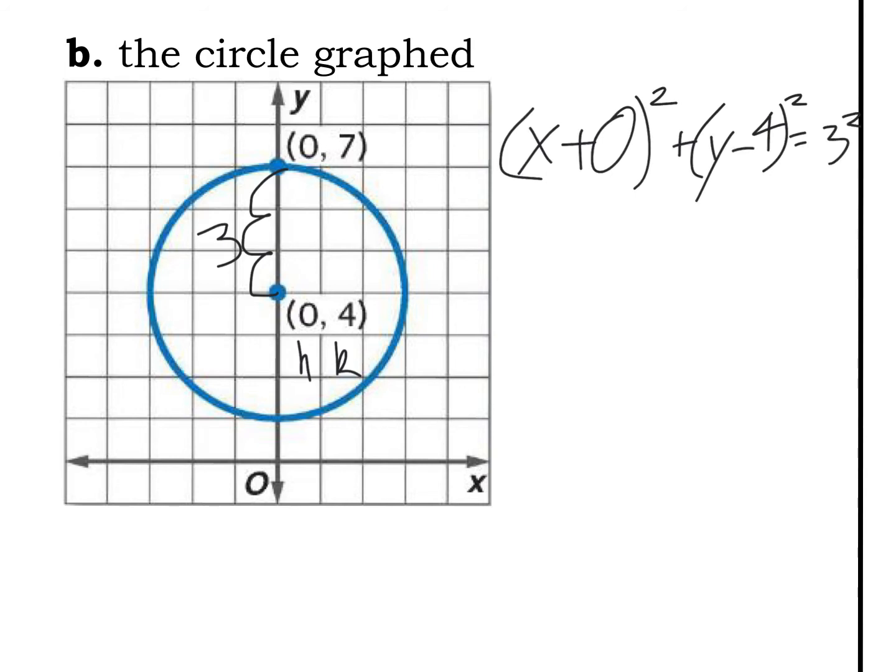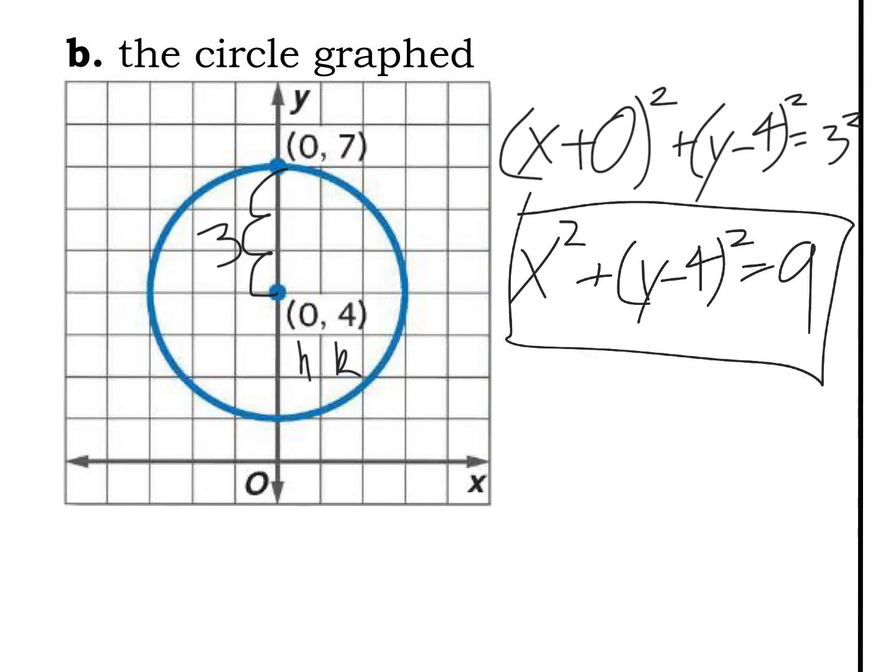So 3 squared is 9. And then this x plus 0 squared stuff, if one of your values is 0, you don't have to write x plus 0 or x minus 0. Just say x squared or y squared, whatever letter it is with. And so I'm going to say x squared plus (y minus 4) squared equals 9. So that's how I'm going to get my final answer for this circle right here.